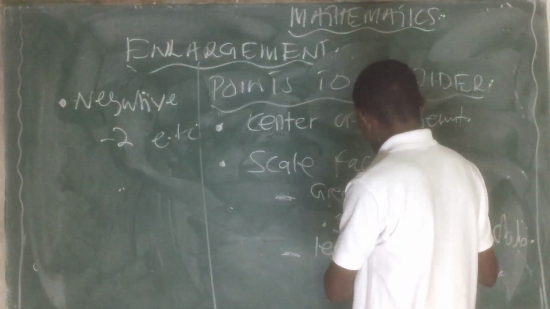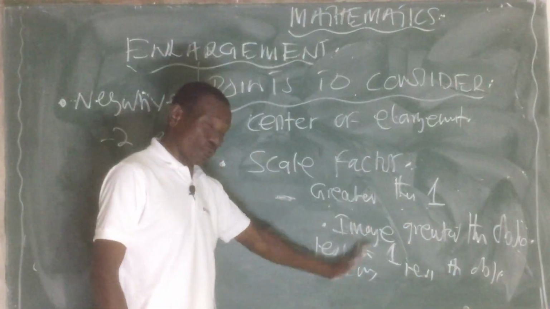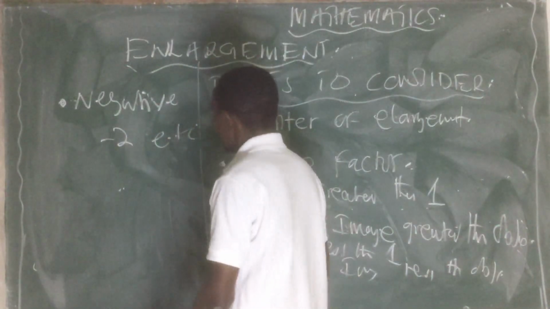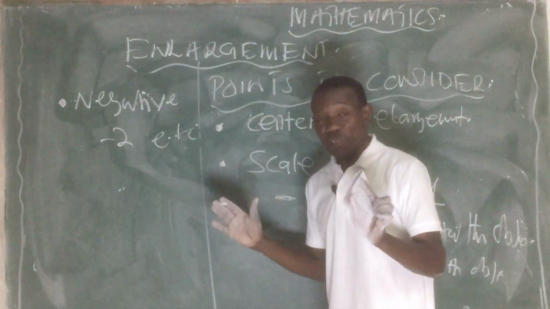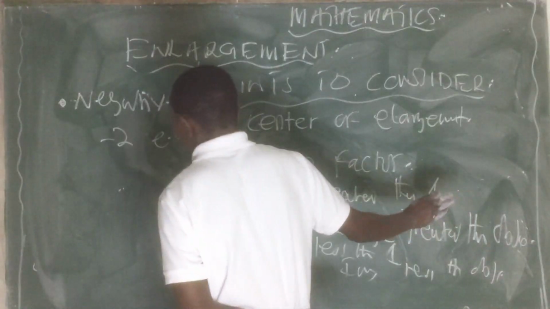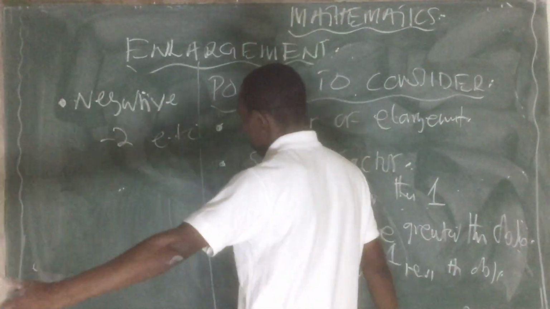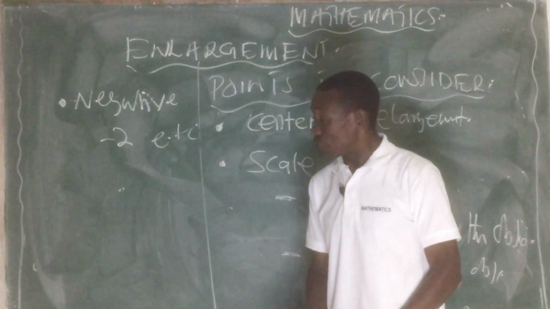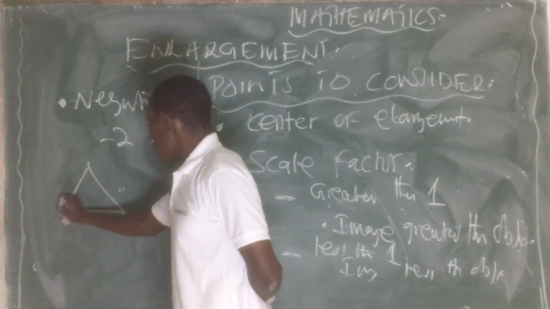So for the others, positive 1, greater than 1, less than 1, we're not talking of negative here. It means the center is always away, it's not in between the 2 figures. It can be to the right of the image, or to the left of the object. But now it is negative, you have a situation that looks like this.